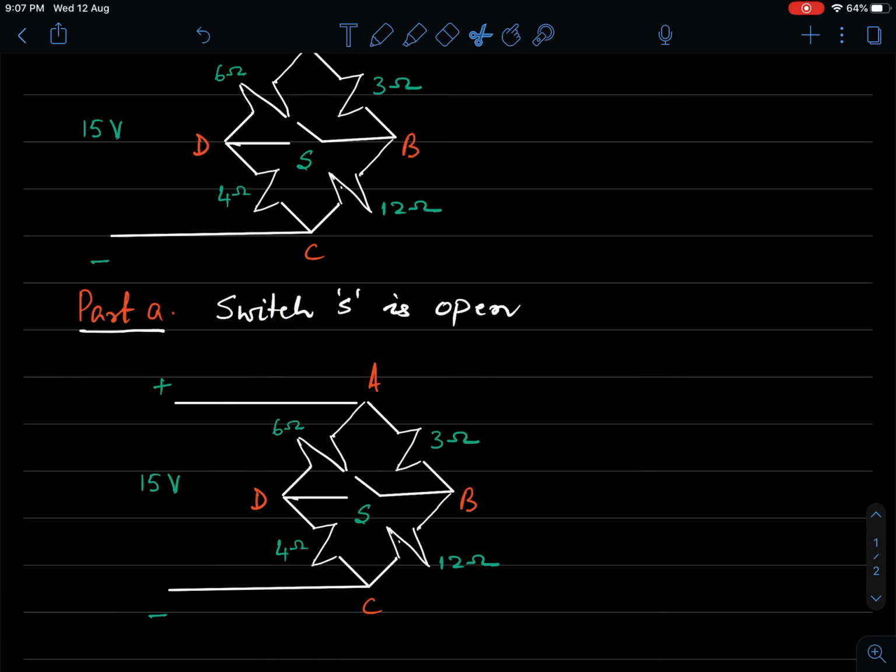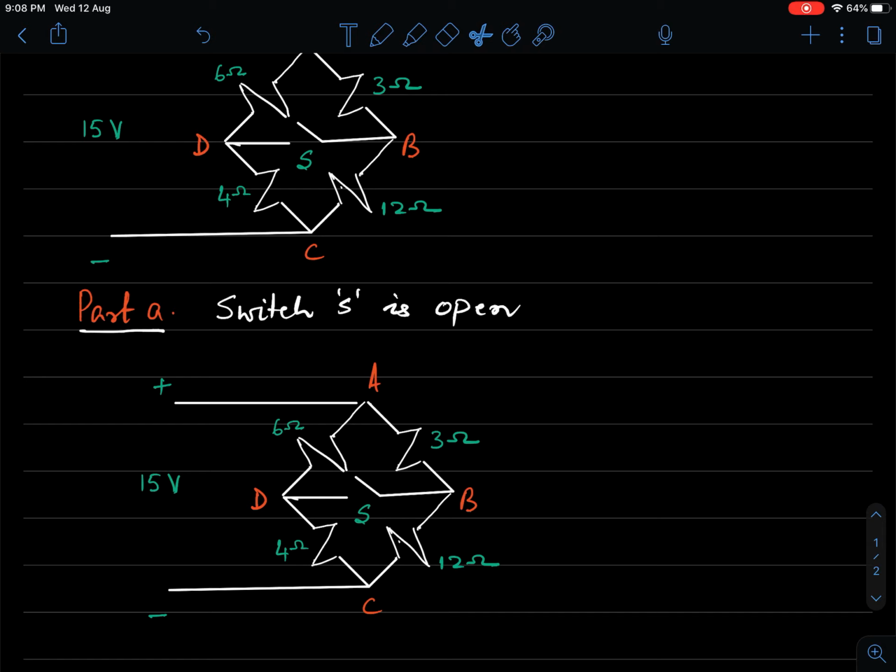Now when the switch is open, let us try to see how the current flows from positive to negative in this particular configuration. What is the course of the current? Let us try to see.